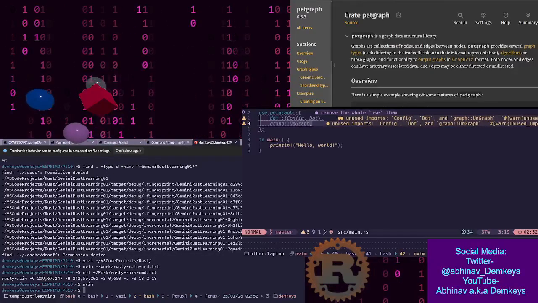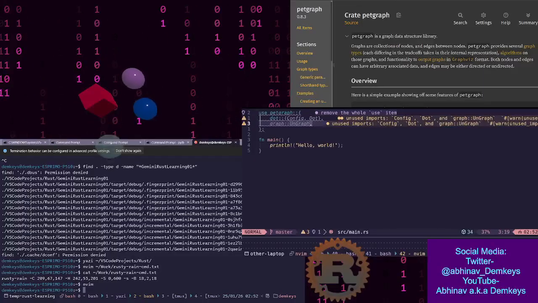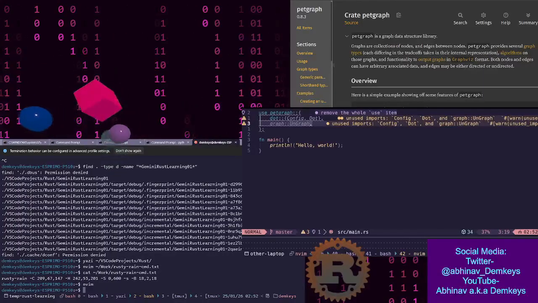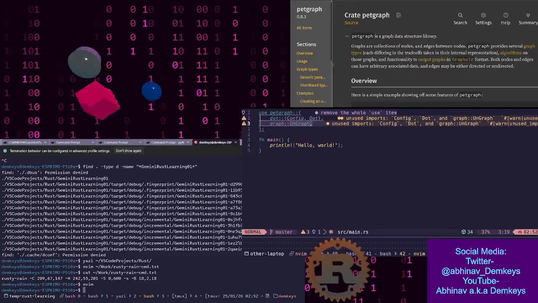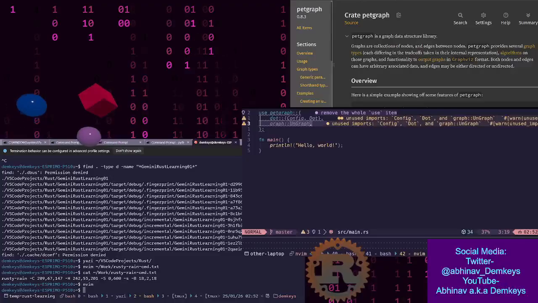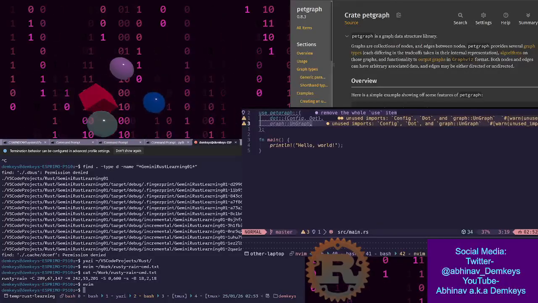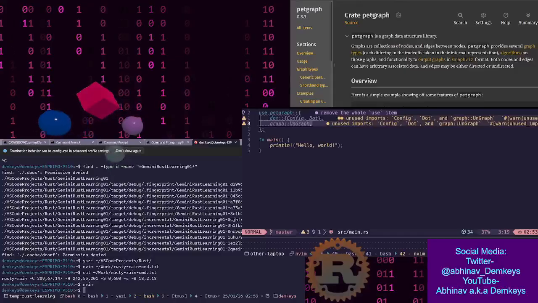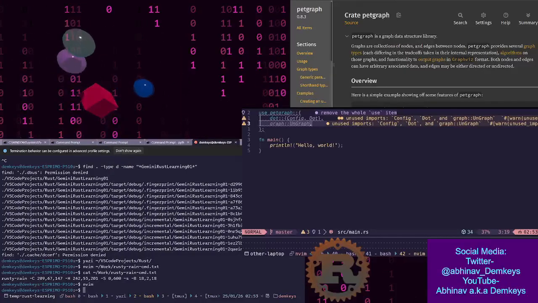The anatomy: vertices and edges. Okay, cool. At its simplest level, a graph is just a collection of two things: nodes, which are vertices. These are the points or entities, for example a person, a city, or a math operation, and edges, which are the lines or relationships connecting those points.